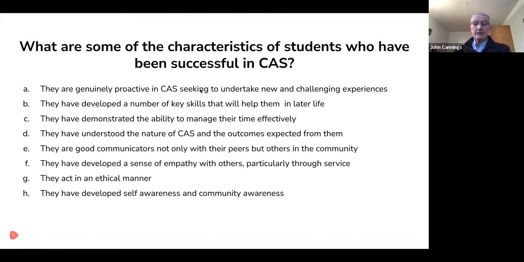They've demonstrated the ability to manage their time effectively, a big challenge for many kids. They've understood the nature of CAS and the outcomes expected from them. They're good communicators, not only with their peers, but also in the community. They've developed a sense of empathy with others, particularly through service. They act in an ethical manner, and they've developed self-awareness and, importantly, a sense of community awareness.